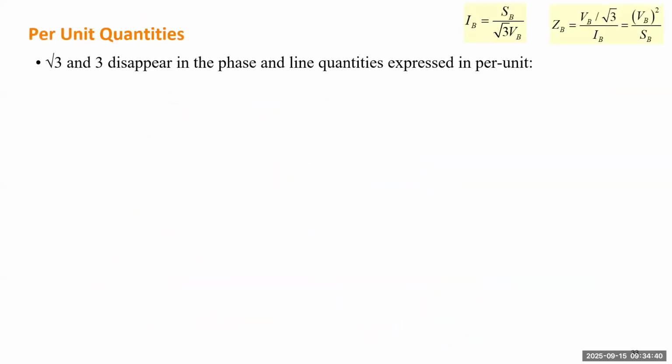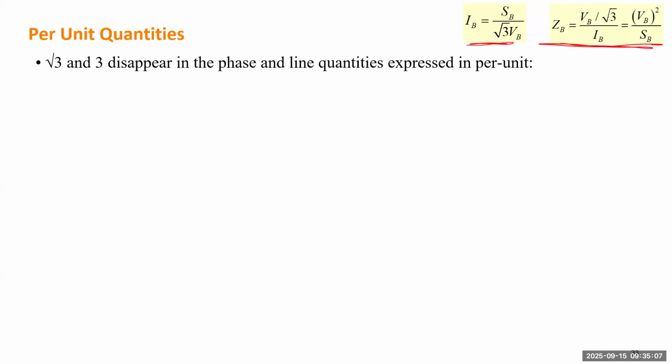All right, let's talk about how to calculate the per unit quantity, with the base values defined. From the previous slides, those formulas are very useful for finding the base value from already known base values. Basically, calculate the base value of current or impedance from voltage and power.